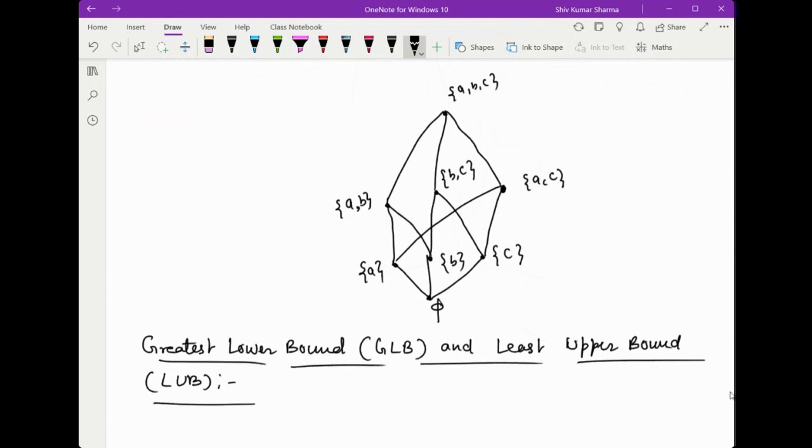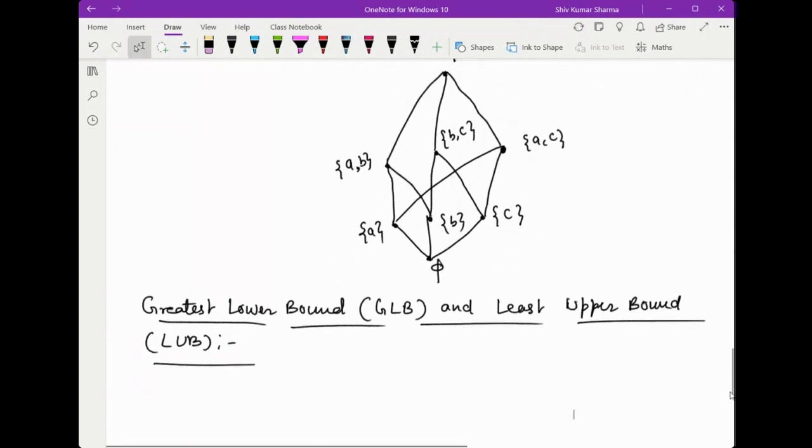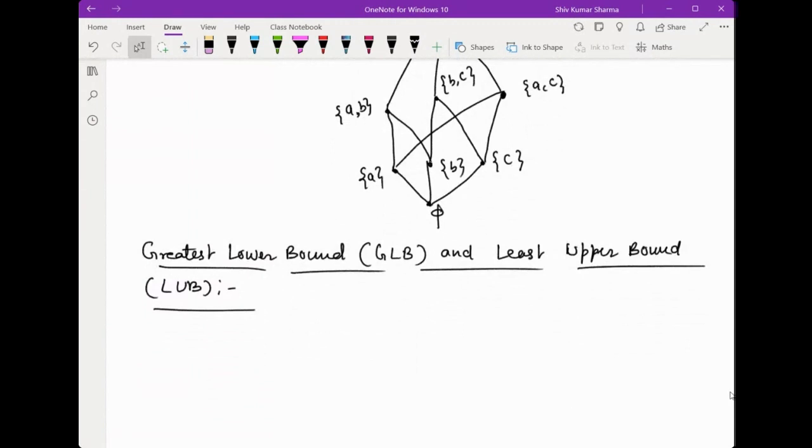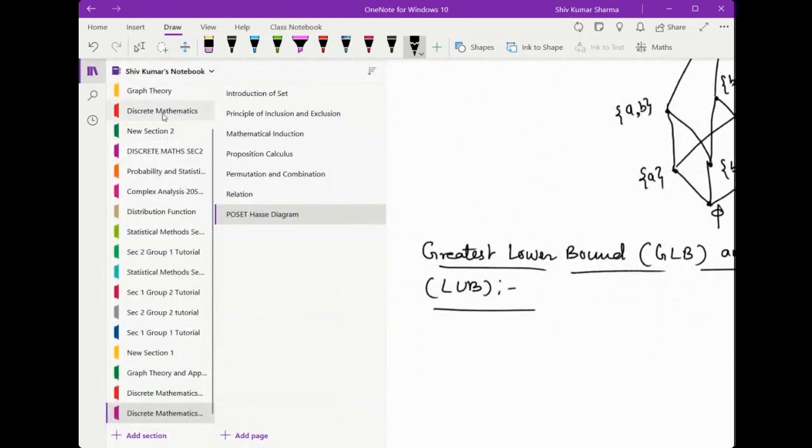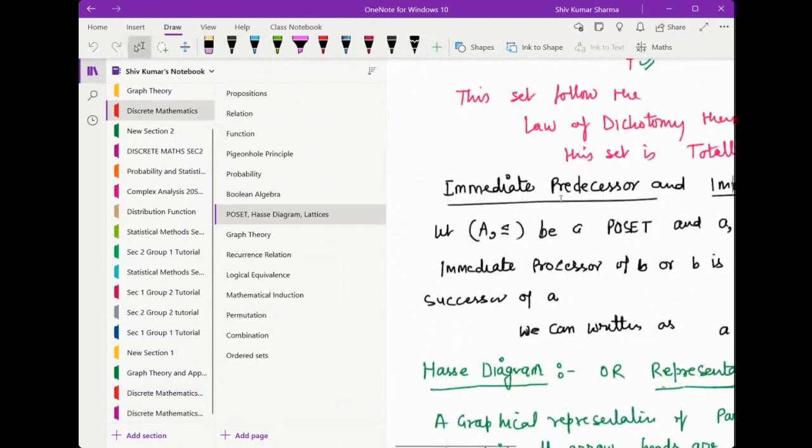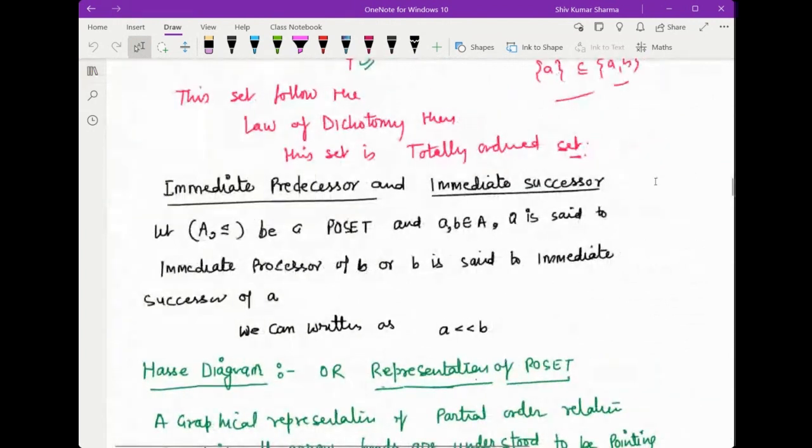Greatest lower bound and least upper bound, GLB and LUB. You write the definitions only.